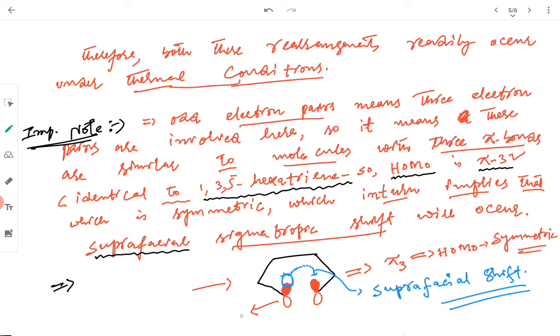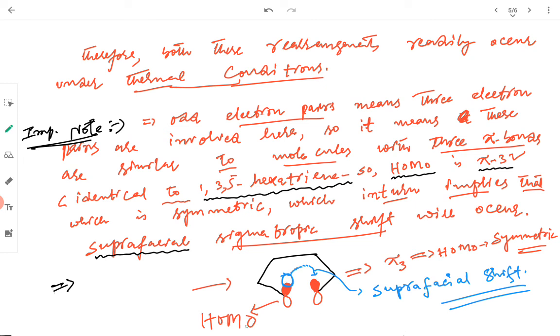So this is symmetric, this is the HOMO of 1,3,5-hexatriene, or any molecule which involves 3 electron pairs, as is the case of Cope and Claisen rearrangements, right?